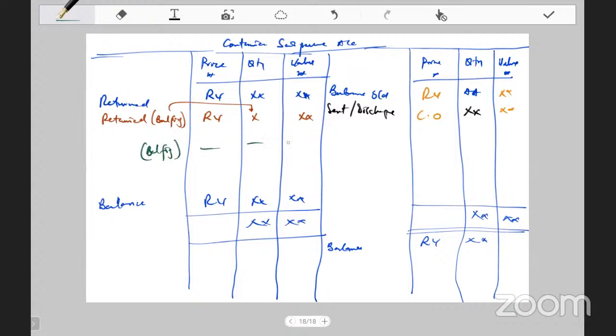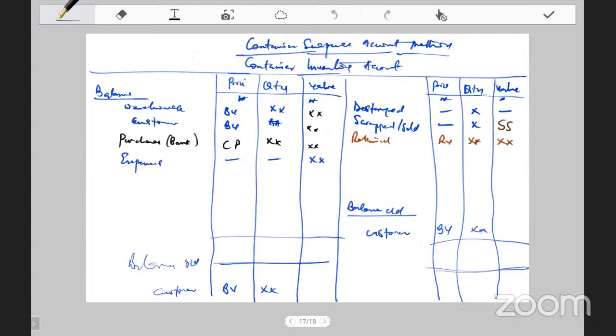That balancing figure will be in value, and that will be called hire charge. Please, that hire charge will be a double entry that will come here as well, called hire charge.